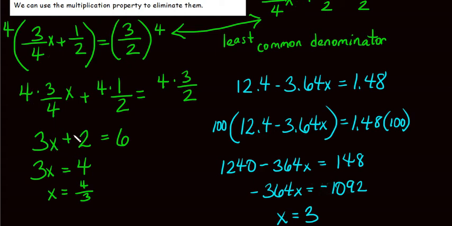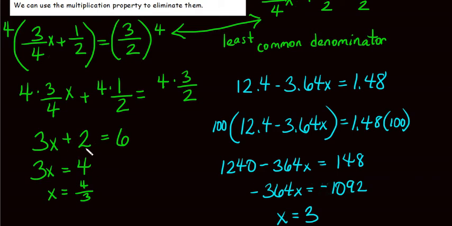So I have 3x plus 2, because 2 will go into 4 2 times, and I'm left with 2 because there is just a 1 up here in this numerator. Equals, 2 goes into 4 2 times, and 2 times 3 is 6. So now I have this nice and neat little equation that I can simply solve by putting my variables on one side and my constants on the other.